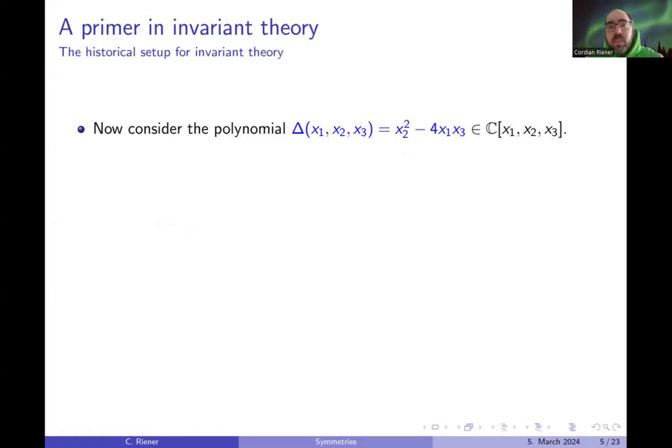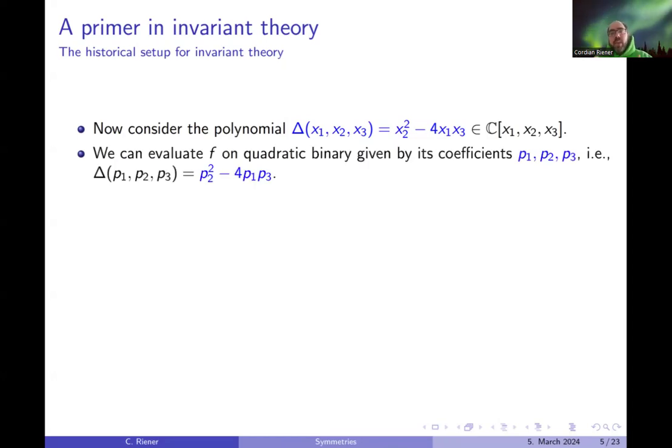But what is interesting about this polynomial delta is the following. If I take this polynomial delta, which is a polynomial in three variables, I can plug in for the variables the coefficients of my binary form. This is a little bit problematic to get one's head around. So I have polynomials. I view those polynomials as points in three space with the coordinates P1, P2, P3.